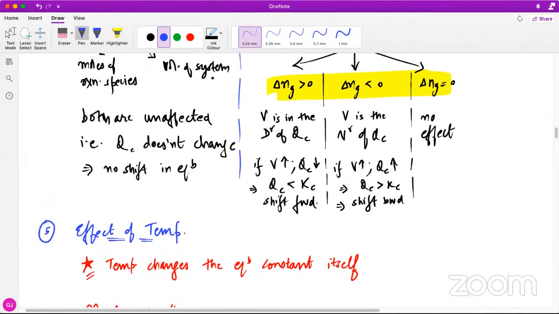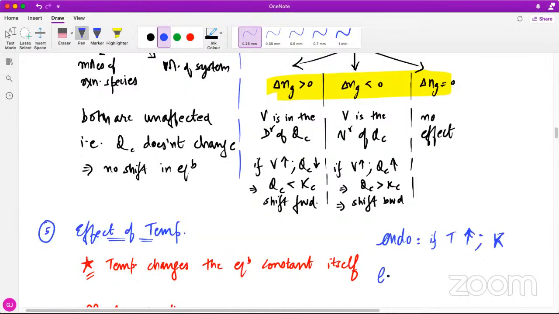That is what it would depend on. So let's say if I ask you to intuitively guess, if there is an endothermic reaction, then for that endothermic reaction, if temperature increases, what will happen to K, equilibrium constant? Increase. So it decreases.